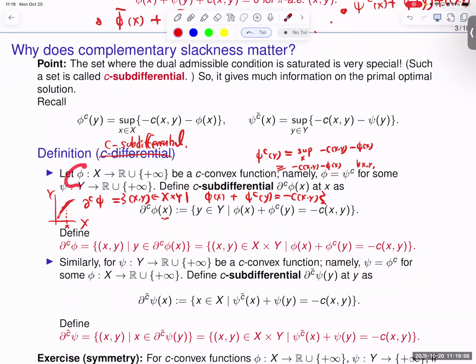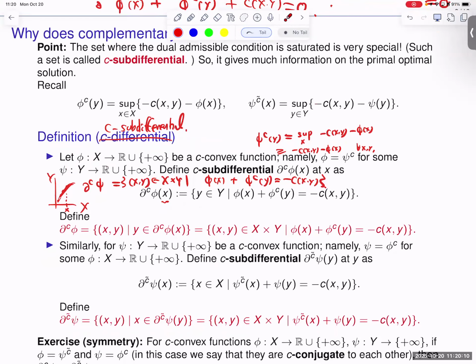Okay, so this is for phi on x, but for psi on y, you can also consider the C subdifferential, by the same principle. The C subdifferential of psi, let me use tilde because when we use y as our domain, we use tilde, is the set of (x,y) where psi C tilde of x plus psi of y is equal to negative C of x,y.